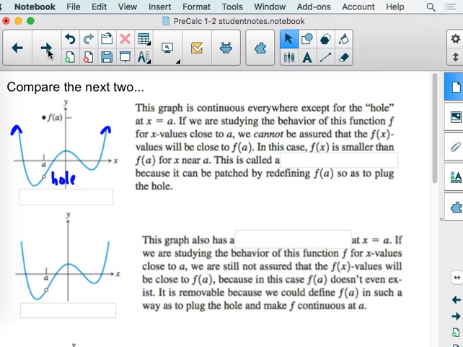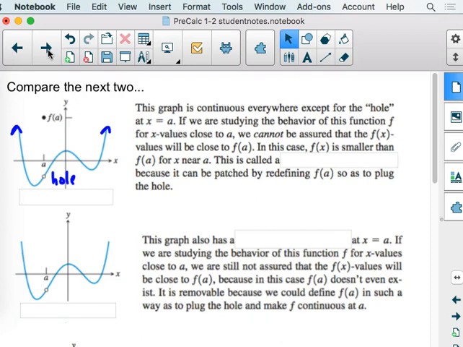And if we're studying the behavior of this function f for x values close to a, we cannot be assured that as we put a into this function, we're going to get f of a, which would make it fit right here. Because for some reason with this graph, f of a just popped up in a totally different spot.